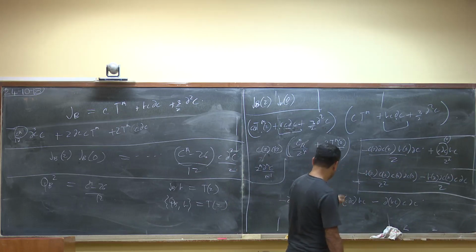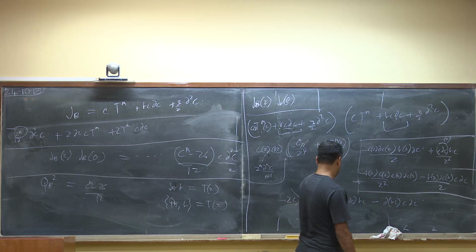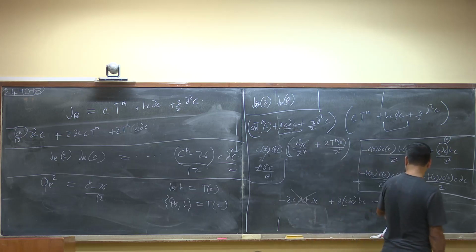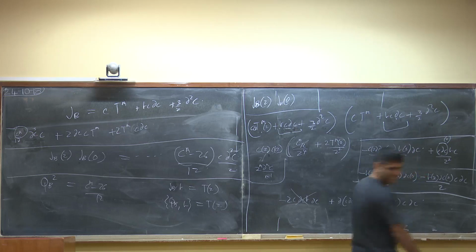Right. And now let's look at this term. Why is this 0? What about the del square for c? That will be c square, exactly. And what about this term now? Same way. Either we get a del b, or we get del bc, or del c.